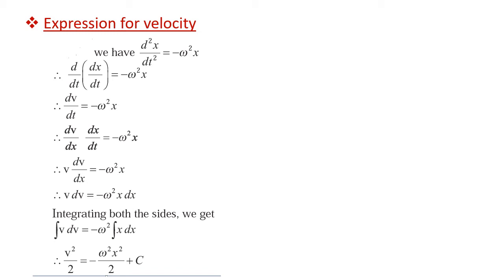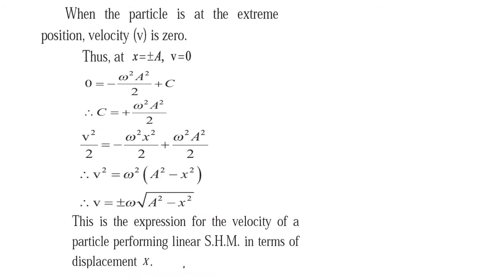Applying the basic rules of integration, the integration of v dv is v square upon 2. The integration of x dx is x square upon 2. So the whole term becomes minus omega square x square upon 2 plus c. This c is the constant of integration.